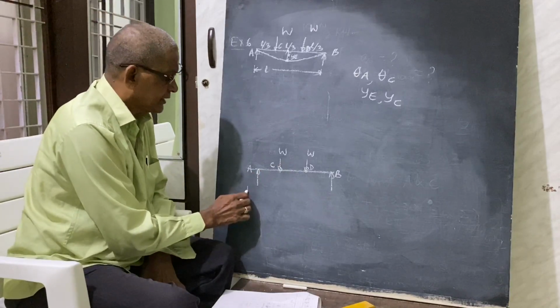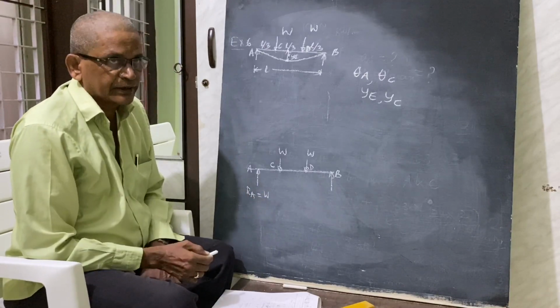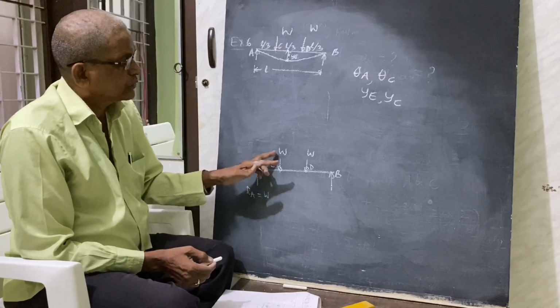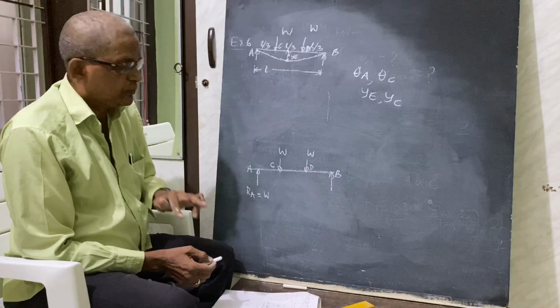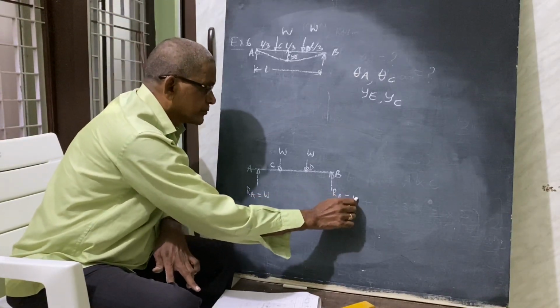So RA will be equal to how much? W, because it is symmetry. Symmetry means each reaction will be same. What is the total load? W plus W, 2W. Half of that is W. So RA is W, and RB is also W.